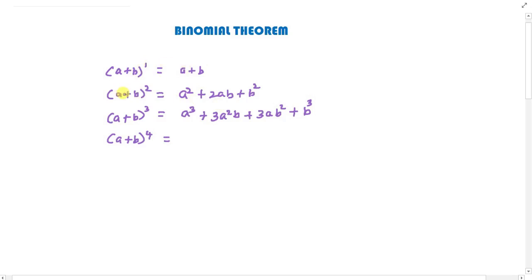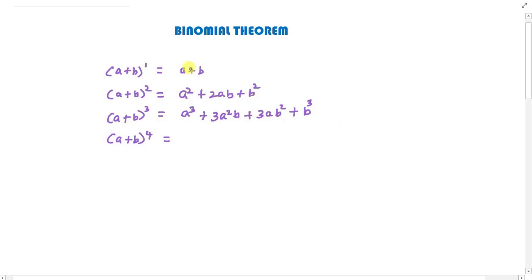In every expansion, the first term is a square and the last term is b square in (a + b) the whole square. Similarly, in (a + b) the whole cube, the first term is a cube and the last term is b cube. So what about the first and the last terms in (a + b) whole power 4? We can say that a power 4 is the first term and b power 4 is the last term.